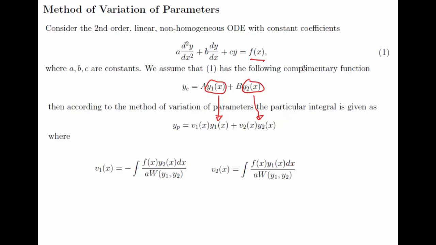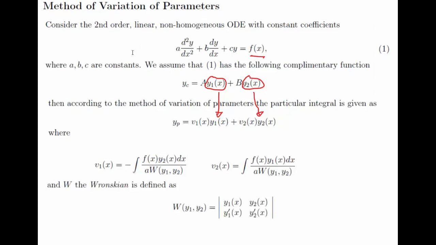And v2 similarly is f(x) again, but v2 now has y1, so the opposite, over A W, the Wronskian of y1, y2. So the difference between v1 and v2 is that when you have v1, you're looking at y2 from the complementary function. When you have v2, you're looking at y1 from the complementary function.